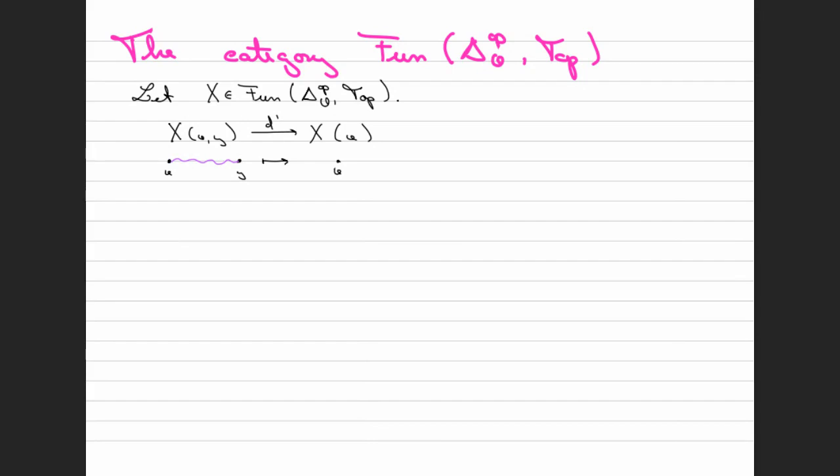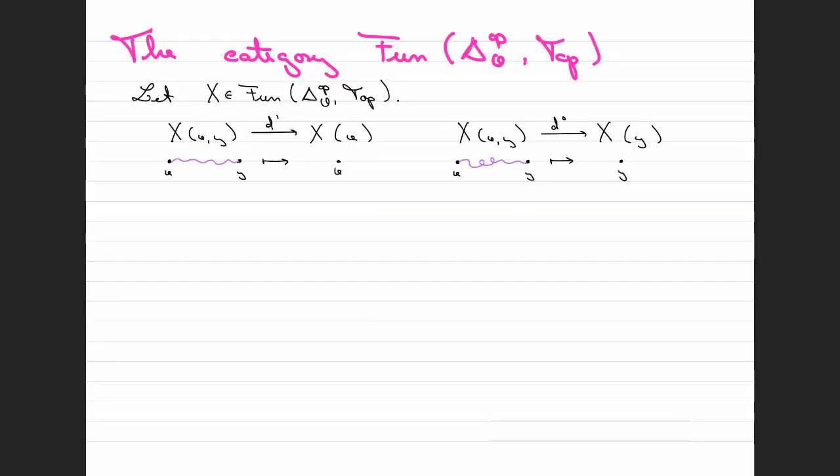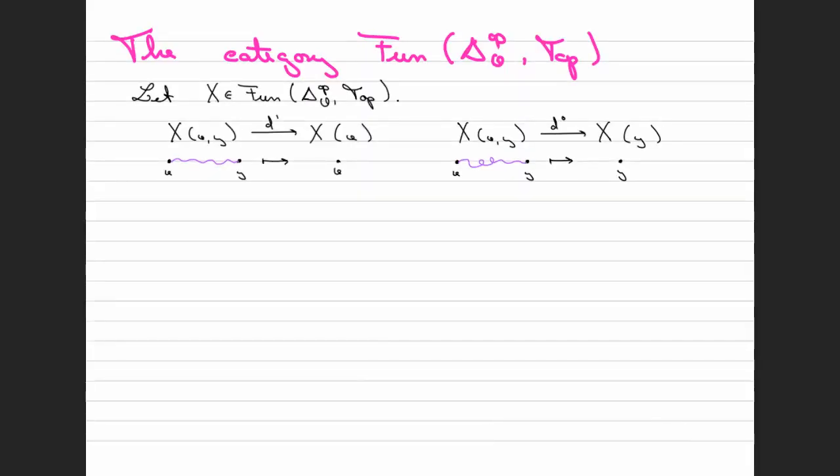And I ask you to think of the points in this space as lines that go from x to y. Lines in where, or lines of what? For now, that's really abstract. I will give examples afterwards, but just lines. So they have a starting point, which is given by the map d1, and they have an ending point, which is given by the map d0.